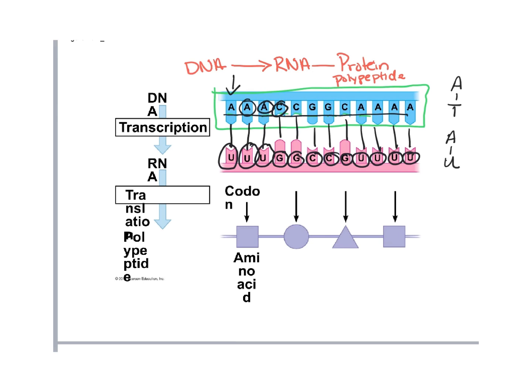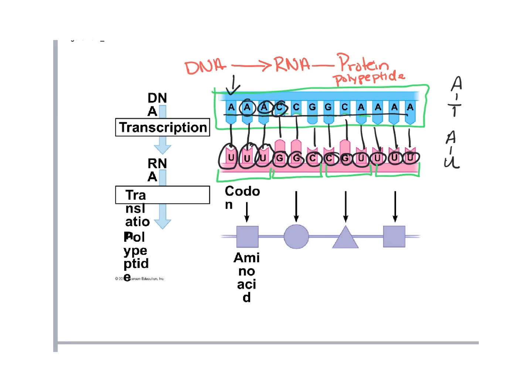In translation, the second process in protein synthesis, the cell now is going to read each one of these bases in threes. So these three bases will be read, U, U, U, and then these three bases, and then these three bases, and then these three bases. Those are called triplets or codons.